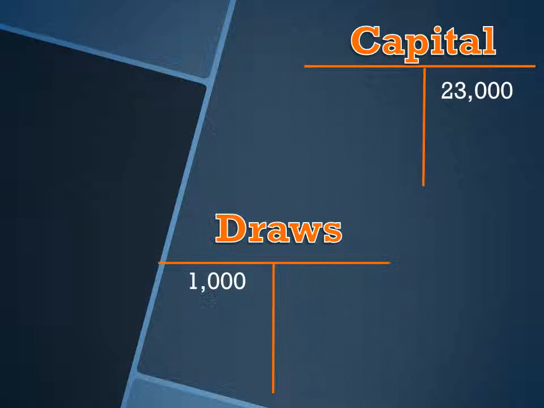The last thing we have to deal with is draws. Draws are a funny account because they are what's called a Contra account. They're a Contra equity account. When we draw money out, we don't just take it directly out of capital. We take it in draws. The reason we do that, even though it's going to have an effect on capital when we're done, is that we want to see on the financial statements the effect of money being taken out by the owners.